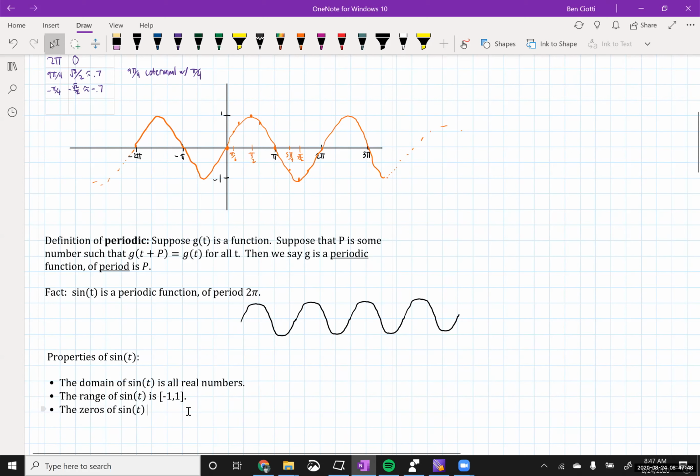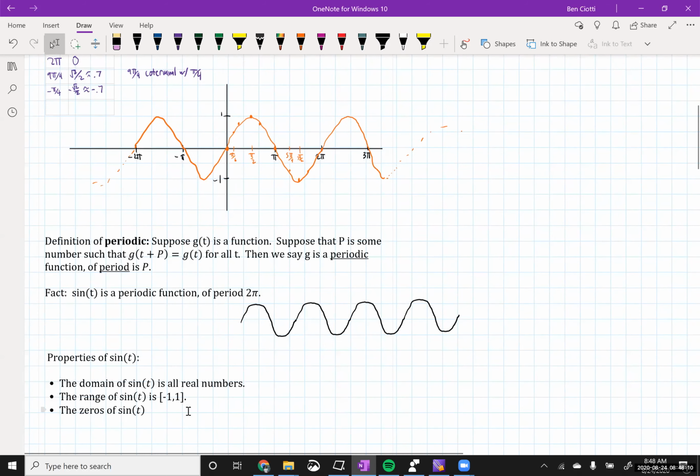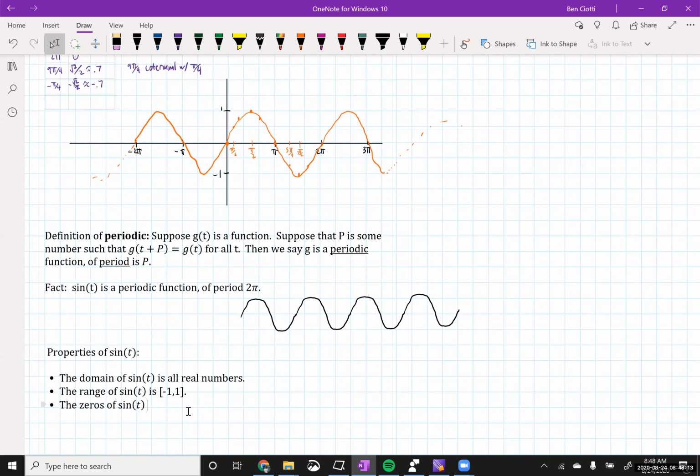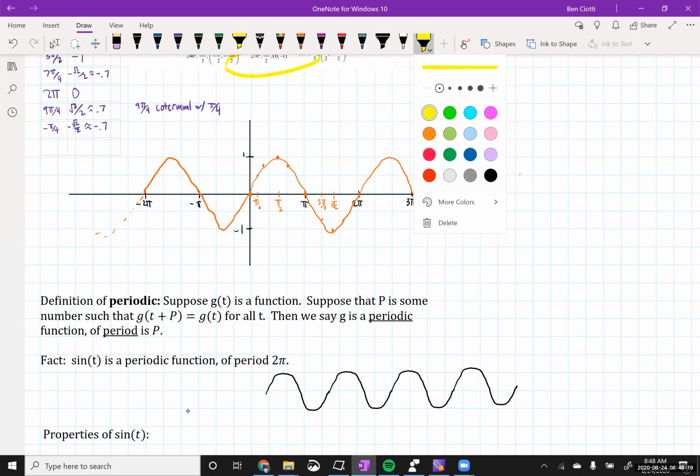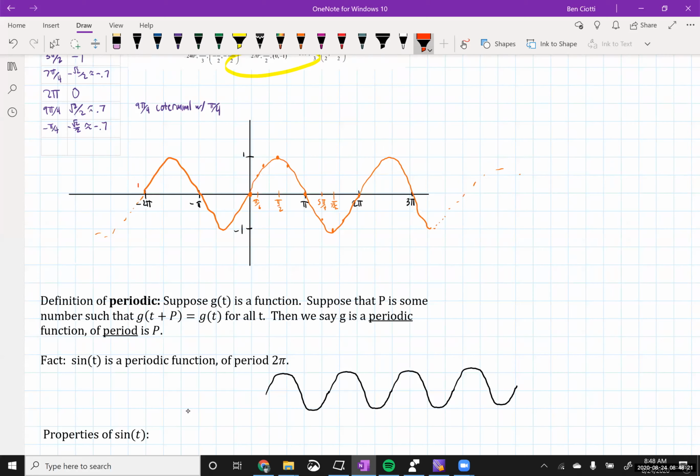How about the zeros of sine? I don't know if any of you have looked at the latest homework assignment, but if you have, you'll notice there's some questions where I make reference to this, and I'm going to talk more about it once we get to inverse trig functions. But let's say I asked you, where are the zeros of sine? So I want the points where the graph hits the x-axis. In other words, right there, there, there, there, there, there, and so forth.